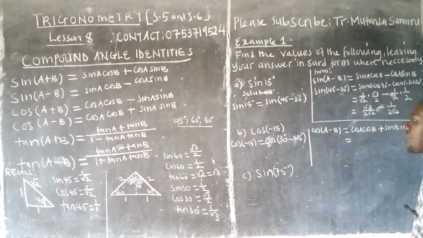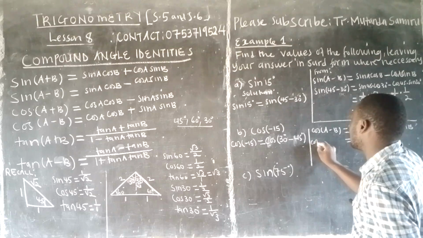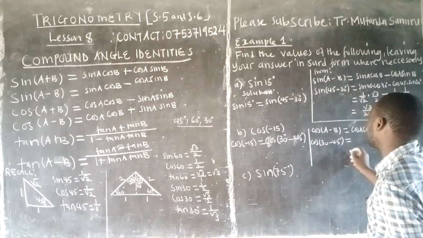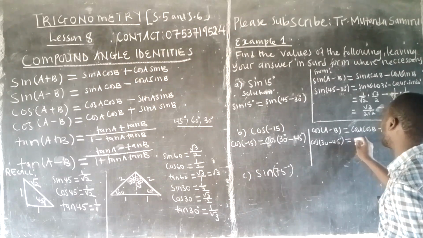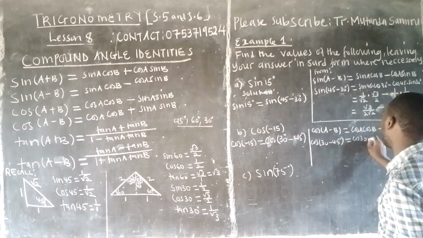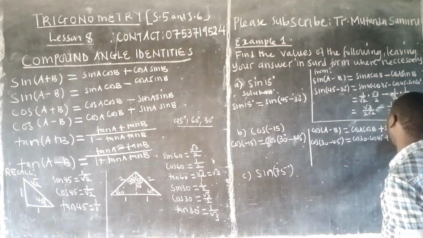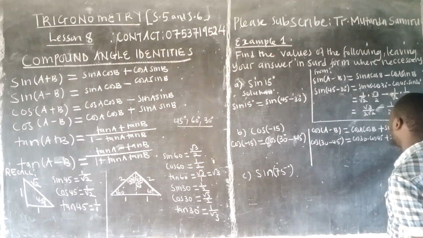So this will now be cos of 30 minus 45, which is cos 30 times cos 45 plus sine 30 times sine 45.